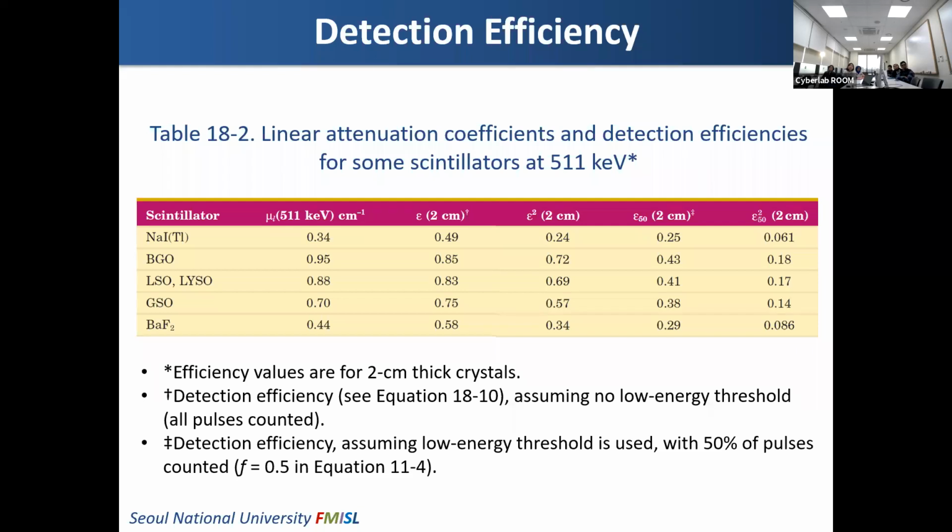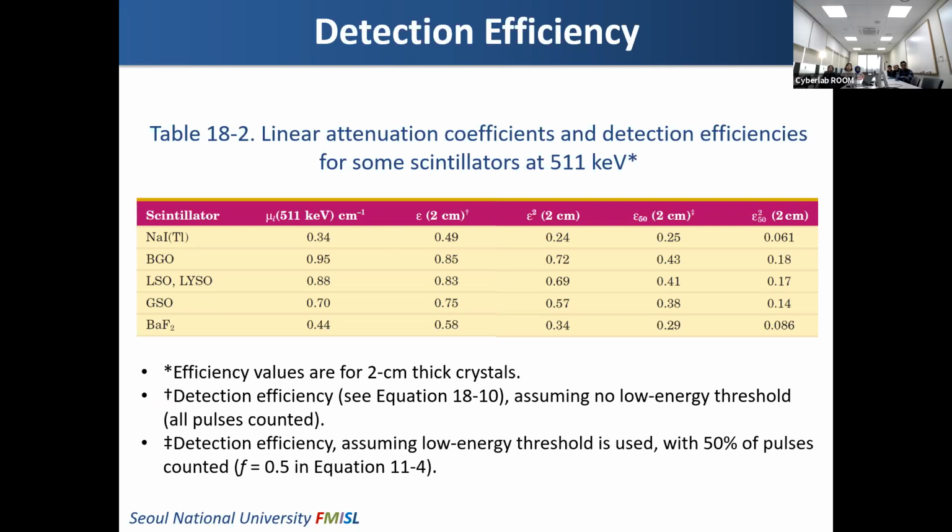This is the efficiency of the gamma ray detection with 2 centimeter scintillating crystals, for 511 keV. For example, a sodium iodide crystal with 2 centimeter length can capture about 50% of the gamma rays, but the LSO can capture about 80%.